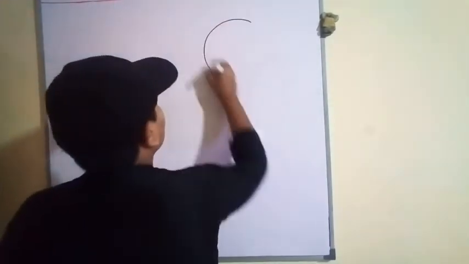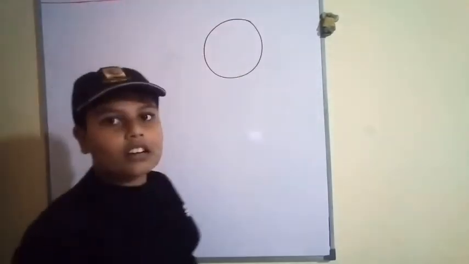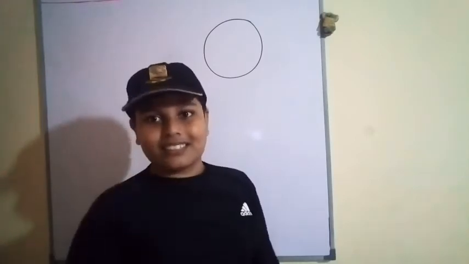Now, what is the next point? This is the last point of grade 7. Now, what is this? A circle, right?